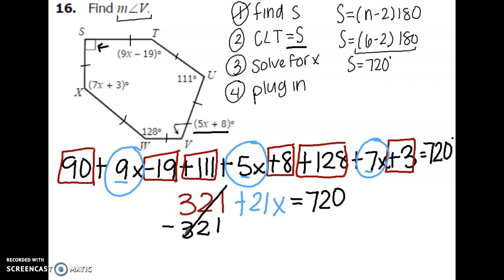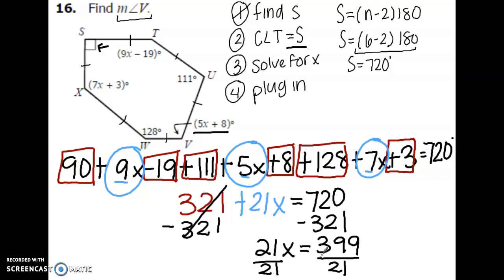So I'm going to do the opposite of what I see on both sides. And you have 21x equal to 399. Last step, divide by 21 on both sides. And you have an x of 19.